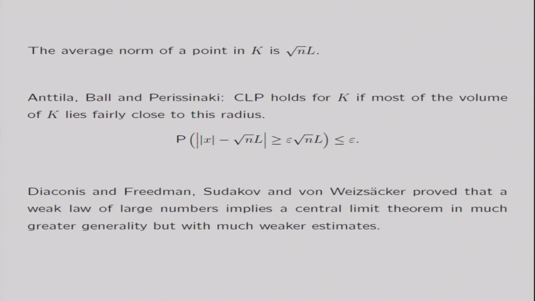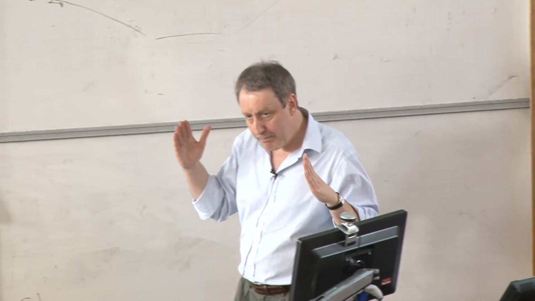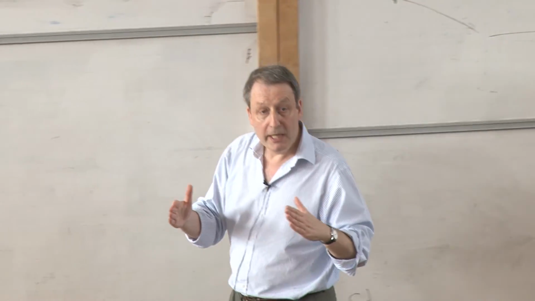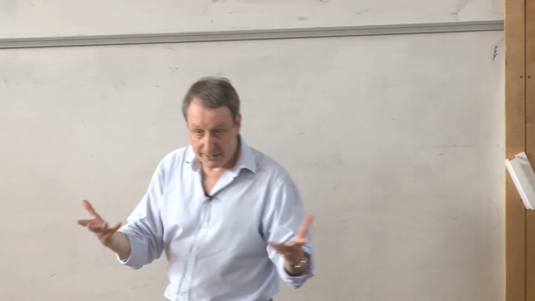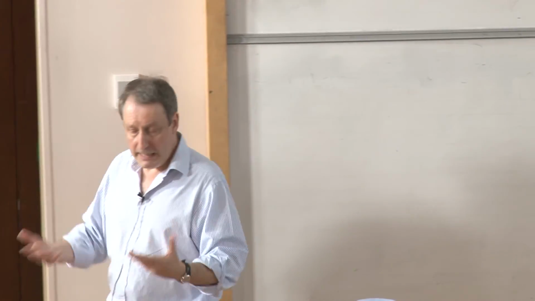I mean, convexity is a condition which gives you a very precise sort of shape to your probability measure, so it's not surprising that you can get much more accurate measures of how close you are to Gaussian, but of course it's much more specific because you have a convex region rather than just a much more general measure.